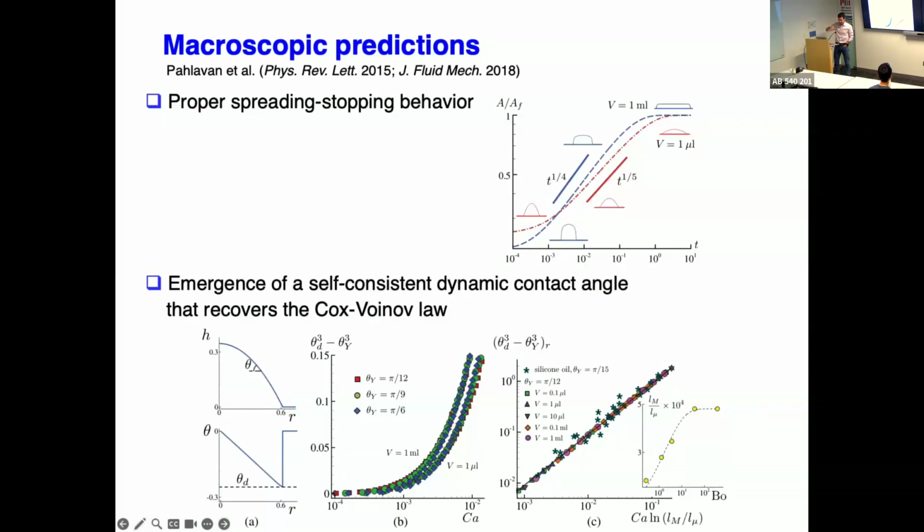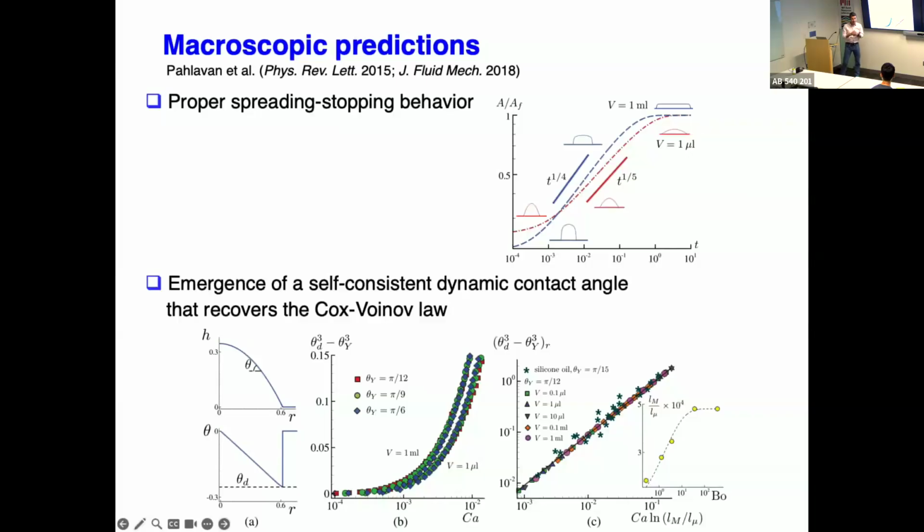you might be familiar with this idea of dynamic contact angle. So you have an interface that advances along a substrate, and depending on how quickly it advances, the contact angle is different from the static contact angle. So usually in models, you put that in as a parameterization. Here you don't have to do that. Okay?